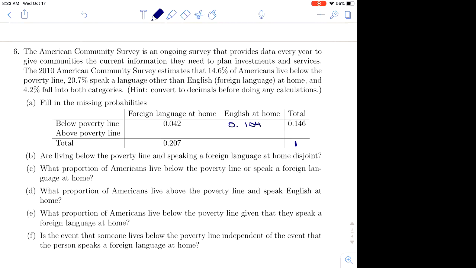Now let's figure out the probability that they live above the poverty line and speak a foreign language at home. That's going to be 0.207 minus 0.042, which is 0.165.